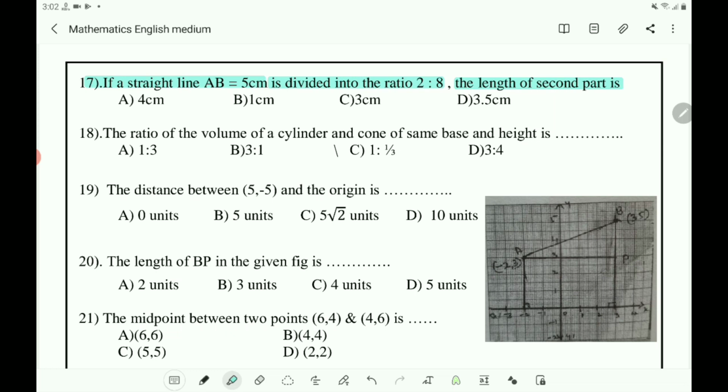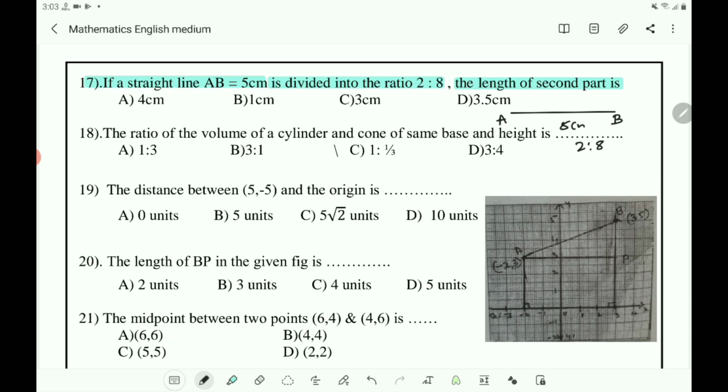Here what is given? AB is given. It is how much? 5 cm. It is divided in the ratio 2:8. The length of the second part.